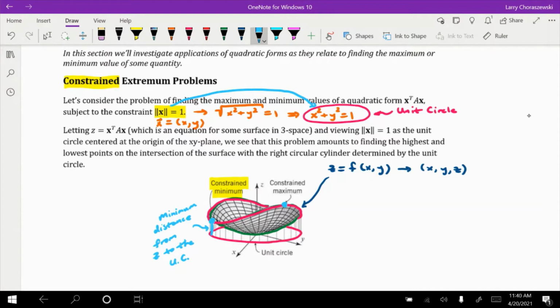It appears to be right there. And by furthest away, I mean it is the maximum distance from z to the unit circle. Okay, so if we were to connect that point with the unit circle, the length of this line segment would be the longest of all such line segments that we could create. And that is known as a constrained maximum.